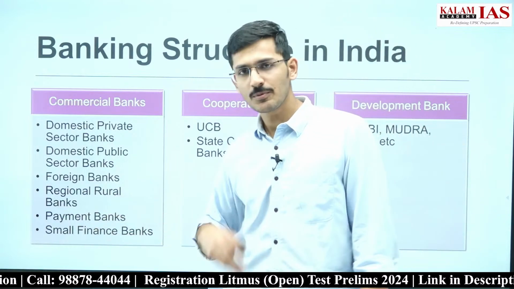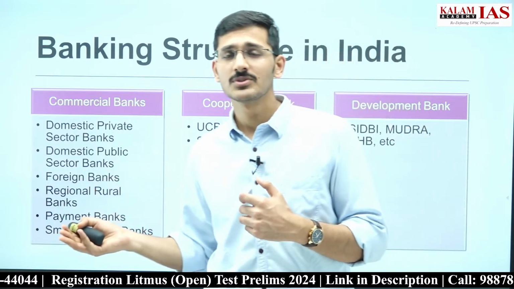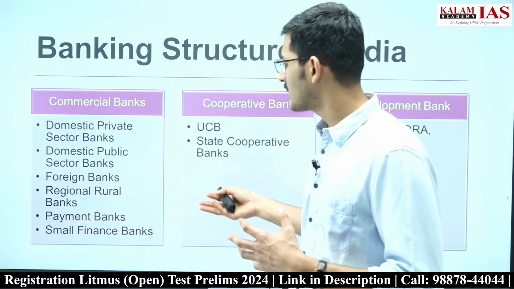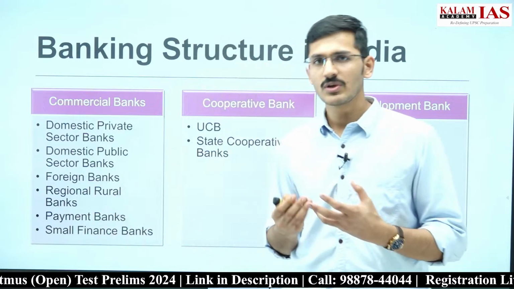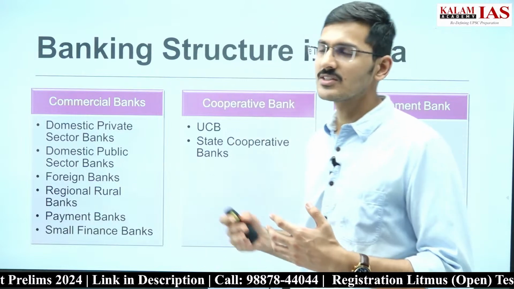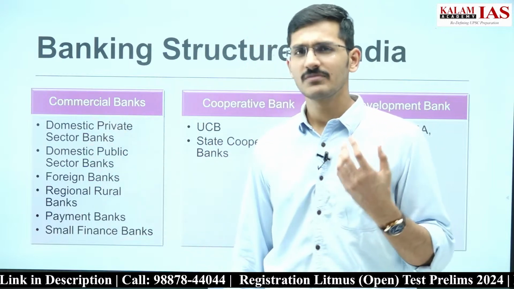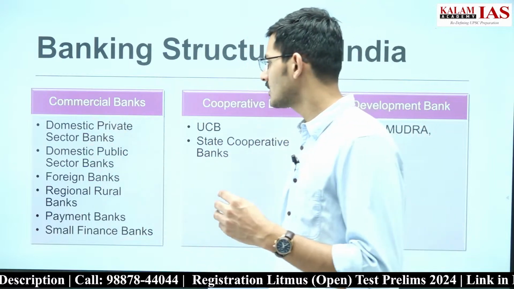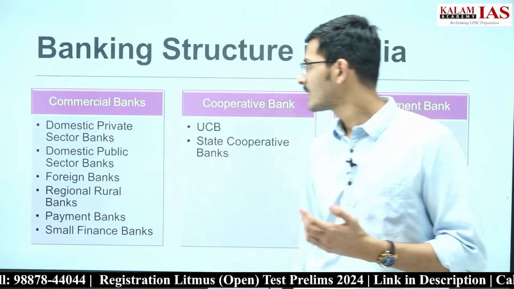Small finance banks can provide credit, but the terms and conditions of their credit are different from other commercial banks. For example, small finance banks have to ensure that 50% of their loans are below 25 lakh rupees. So there are several limitations on small finance banks and payments banks. Other than these, domestic private banks and domestic public sector banks can function without limitations, apart from priority sector lending.